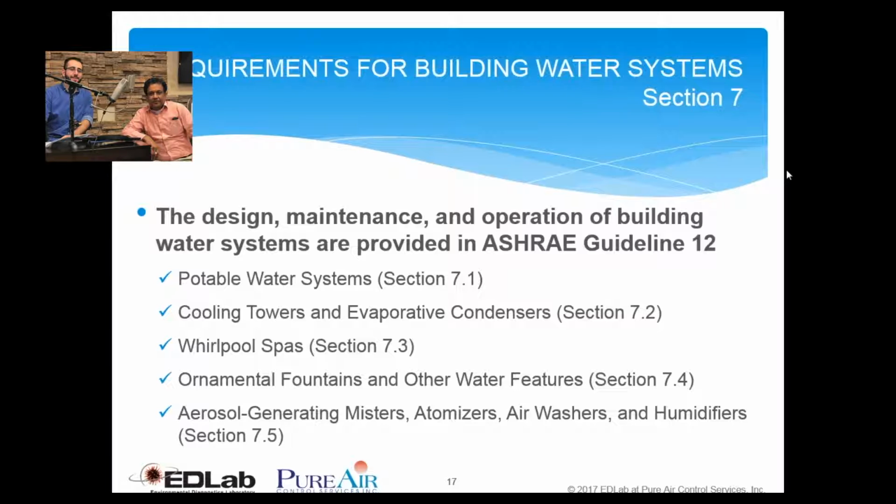Their detail is given in section 7.2. Whirlpools, spas, etc. are covered in 7.3. Ornamental fountains and other water features are in 7.4. Other aerosol generating misters, atomizers, air washers, and humidifiers are covered under 7.5.